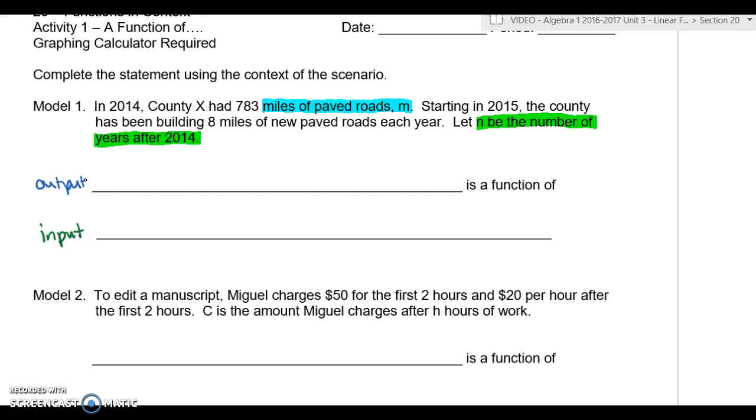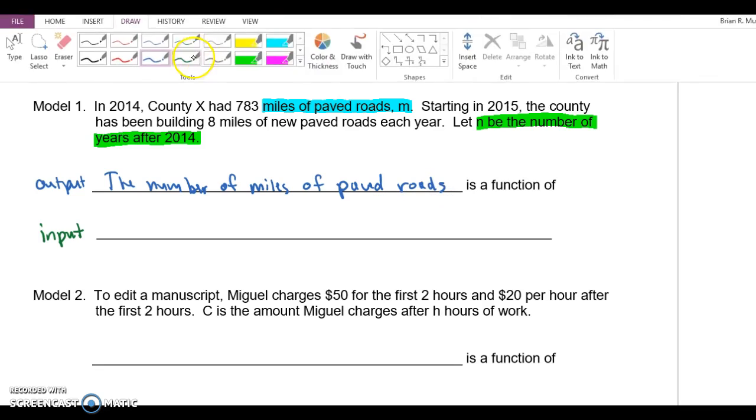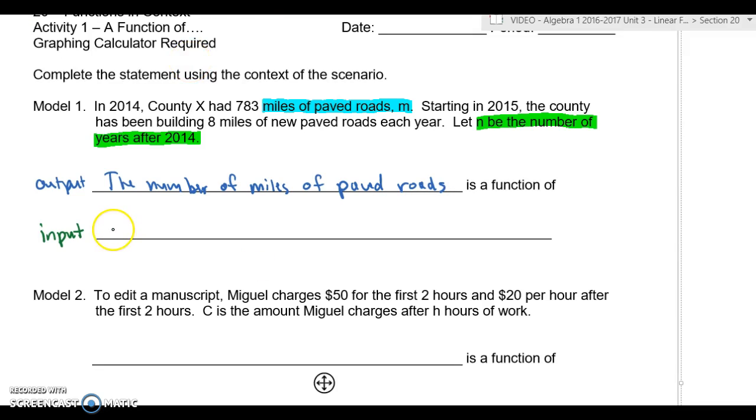So the output here is the number of miles of paved roads. That's a function of the years after 2014.